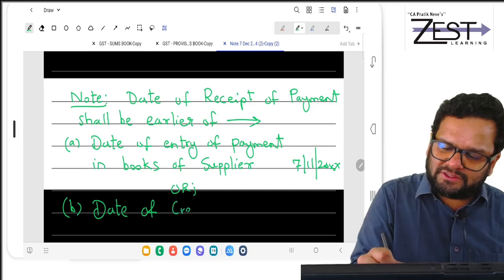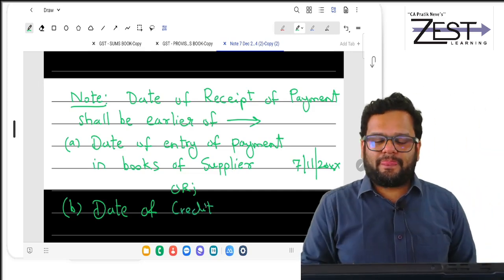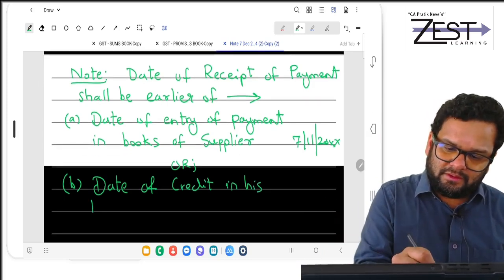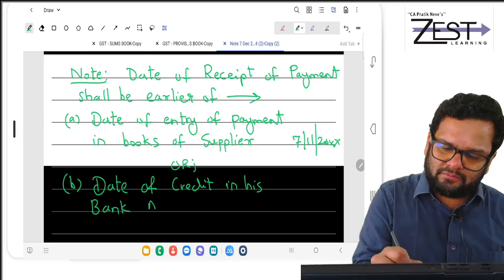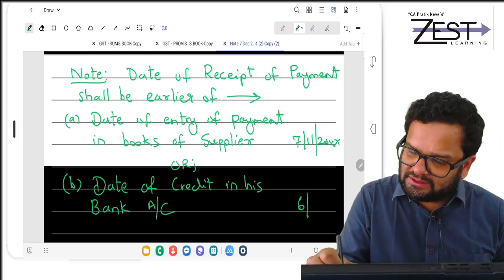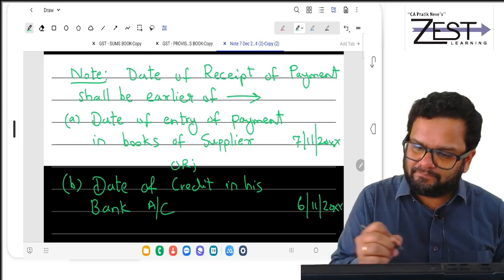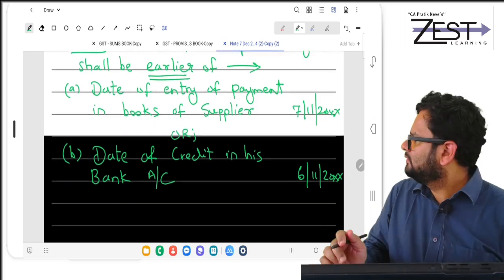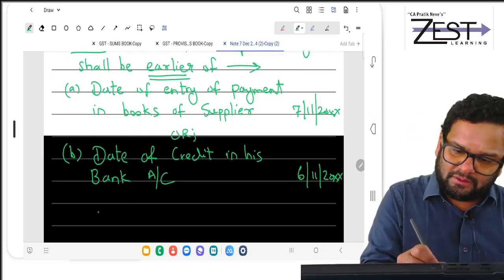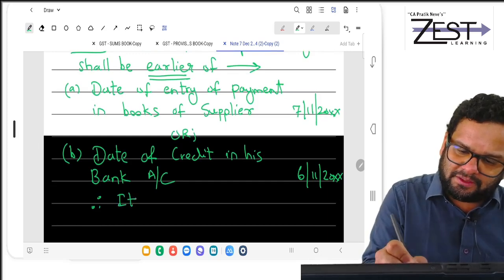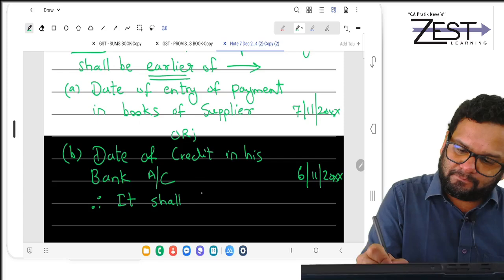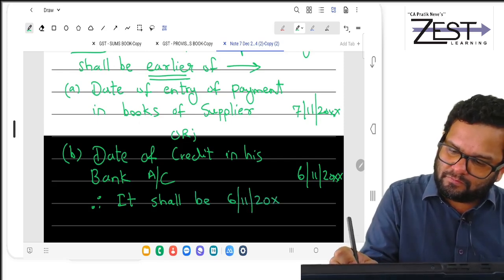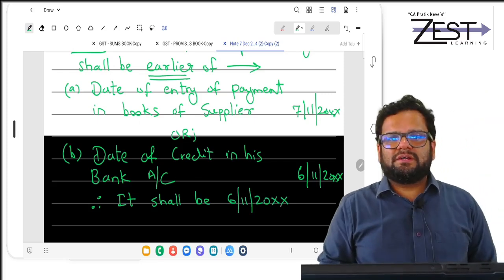May I know date of credit in his bank account? 6/11. Therefore, it shall be 6/11. Is it clear?